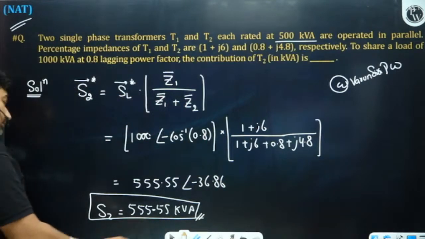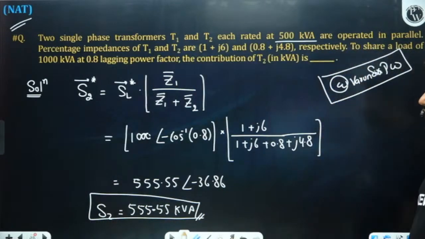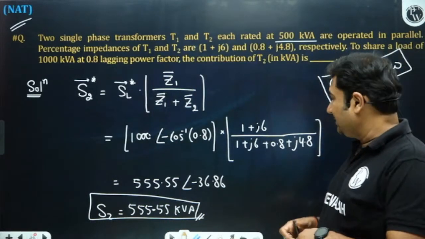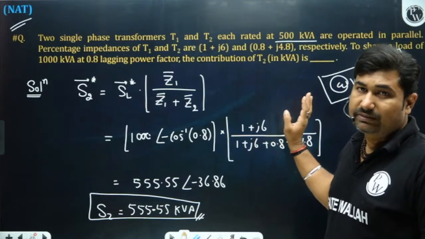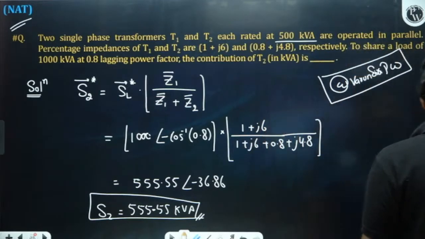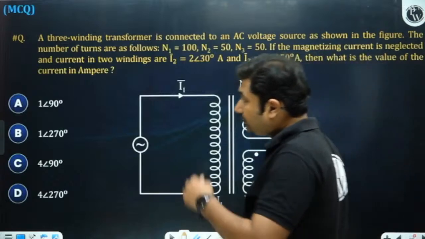All of you are able to understand up to this part. It's a very easy calculation basically, because when you put the magnitude and angle, it will simply be 0.5555.